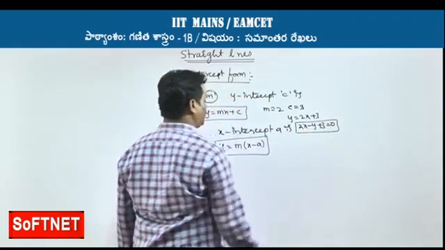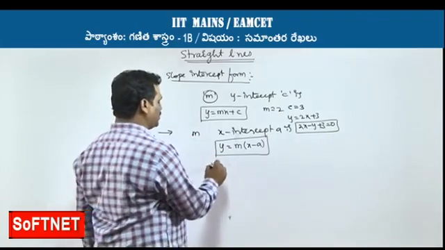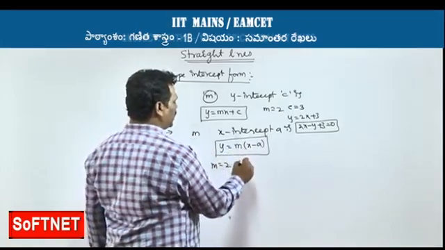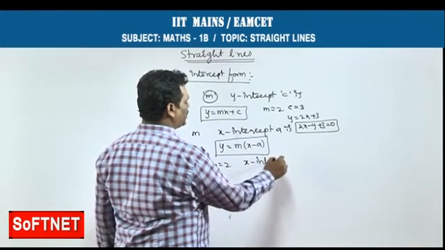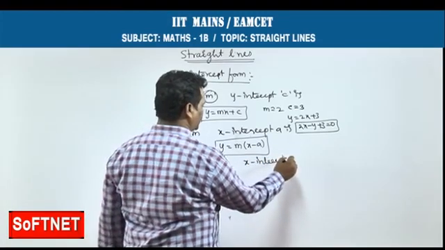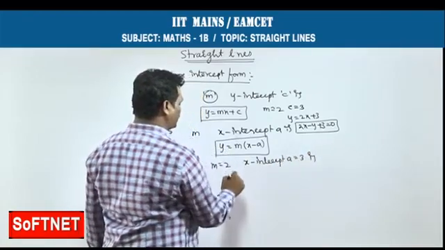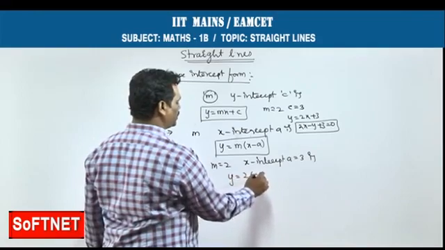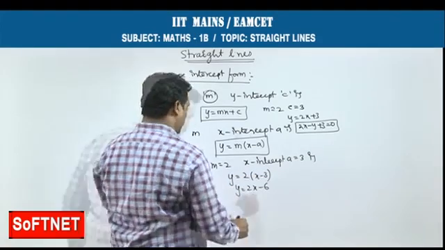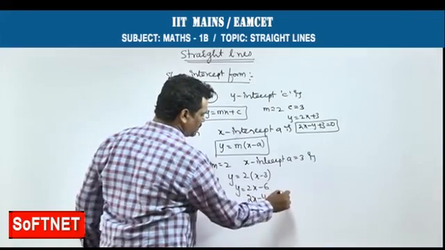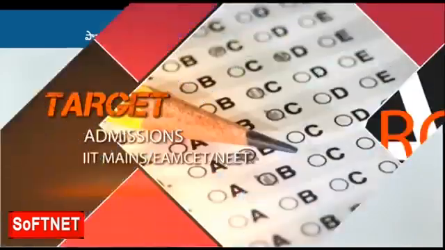For example, the equation of the straight line having slope m equal to 2 and x-intercept a equal to 3 is y is equal to 2 into x minus 3. So y is equal to 2x minus 6, that is 2x minus y minus 6 equal to 0, which is the required equation of the straight line.